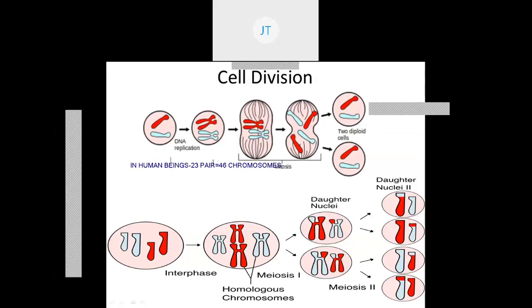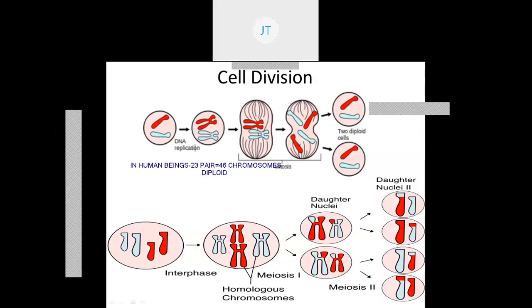In human beings, 23 pairs or 46 chromosomes. If you have this number of chromosomes or this number of pairs, then your cell is known as diploid. So diploid means you have the same identical copy.